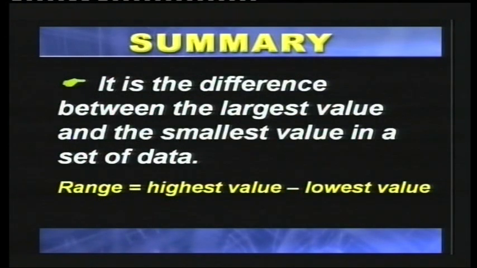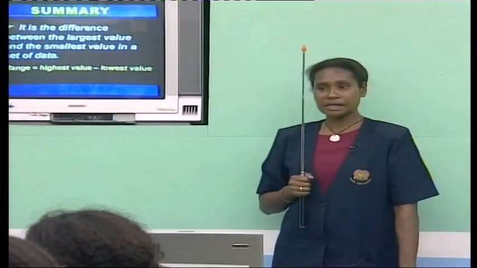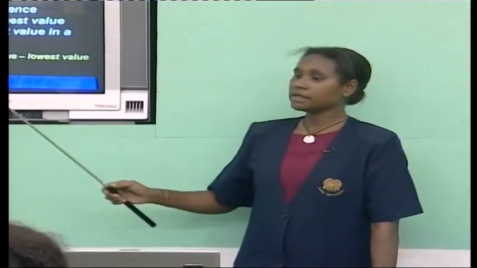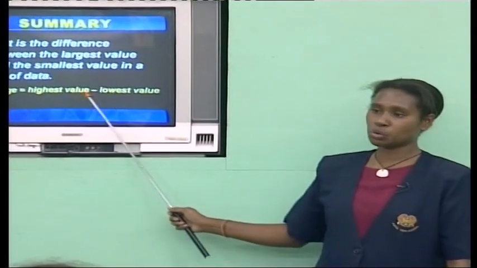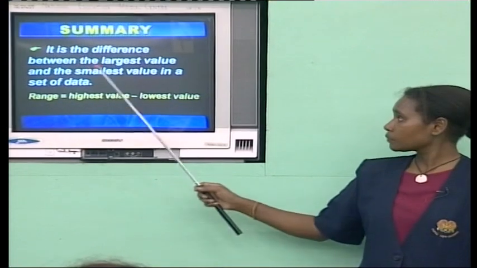The rule for calculating range equals highest value subtract lowest value. So don't forget, 70s and receiving students, if you are asked to calculate the range of sets of data, this is the rule that you are going to use.